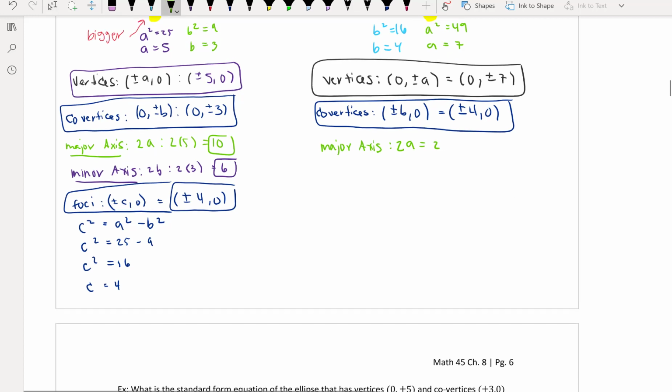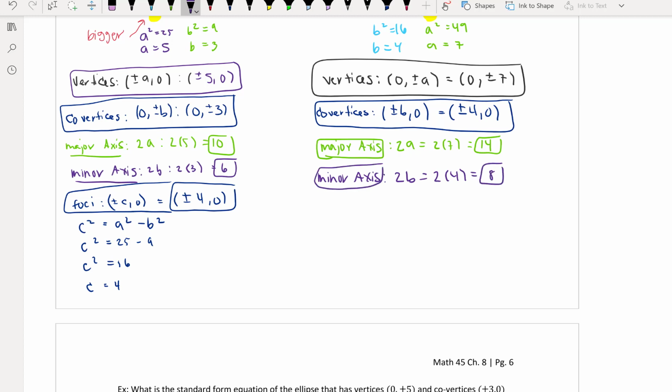So 2 times my 7 would give me 14. So that would be my major axis. Versus the length of the minor axis, which is 2b. So 2 times my 4 value is equal to 8. So the minor axis there would give me 8.